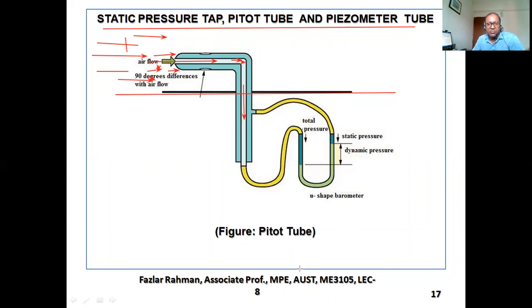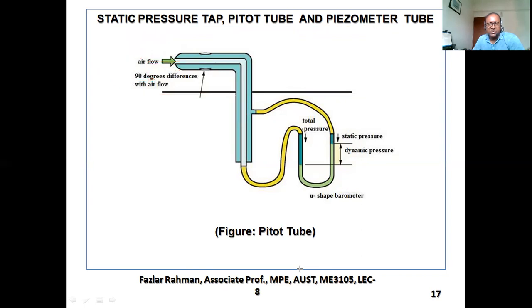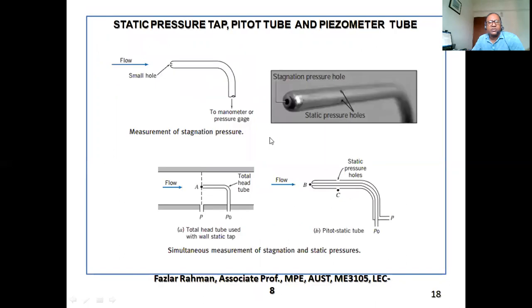Let's see how. I just gave you the preliminary idea. Then we can show you how we can figure it out by using Bernoulli's equation, how I apply that equation in the pitot tube. So right over here, you see a pitot tube.